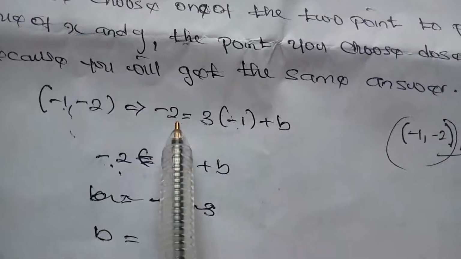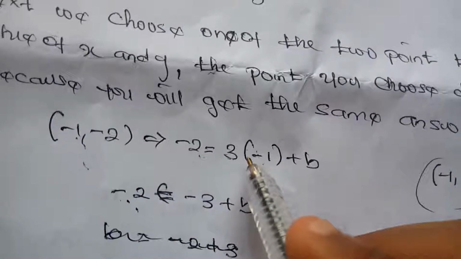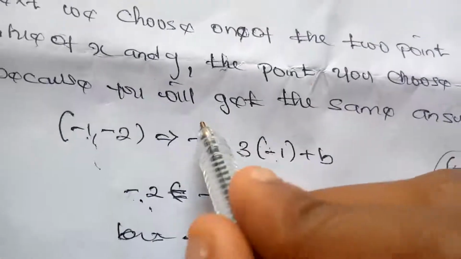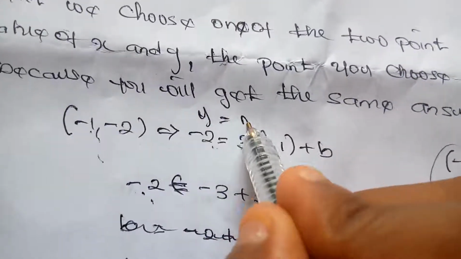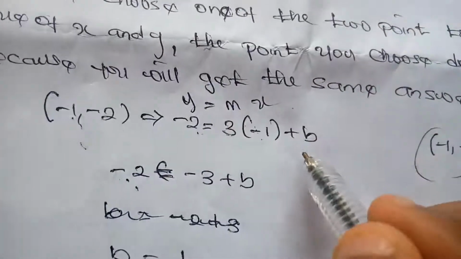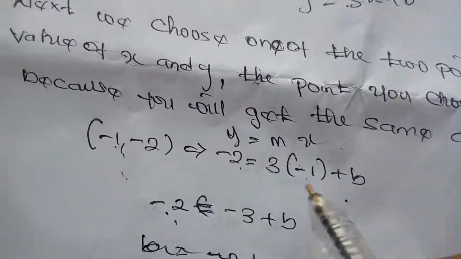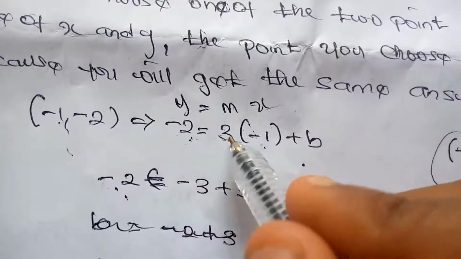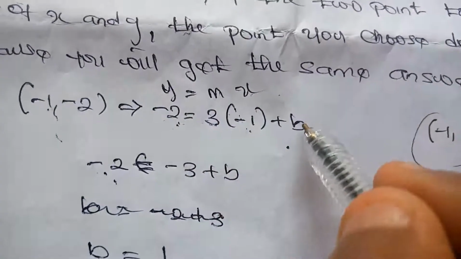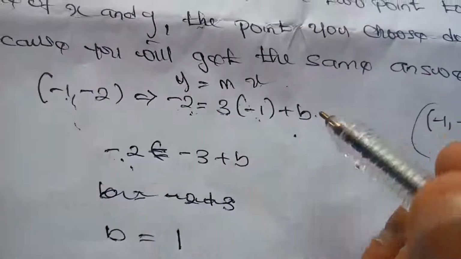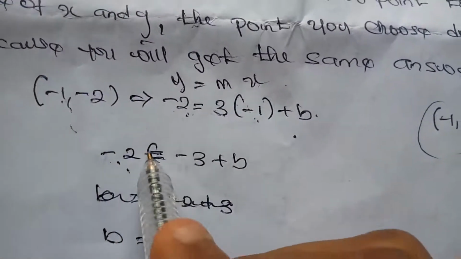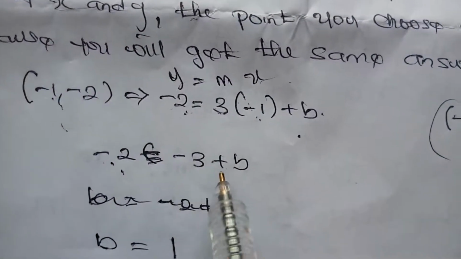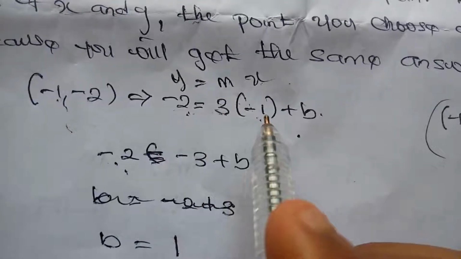This is y equals mx plus b, so this is our y, this is our m, this is our x. So I get -2 equals 3 times (-1) plus b. We are looking for b. -2 equals -3 plus b, since 3 times -1 is -3.